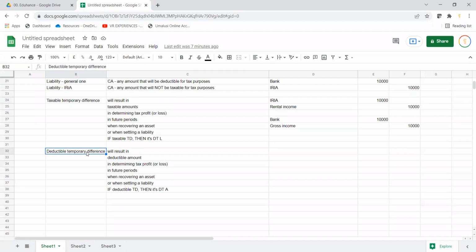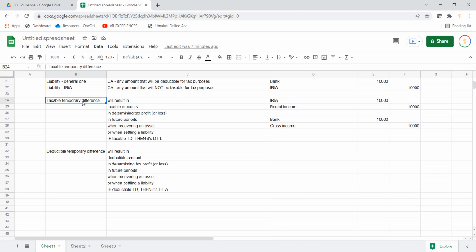When you have a deductible temporary difference, you will recognize a deferred tax asset. When you have a taxable temporary difference, you will recognize a deferred tax liability.